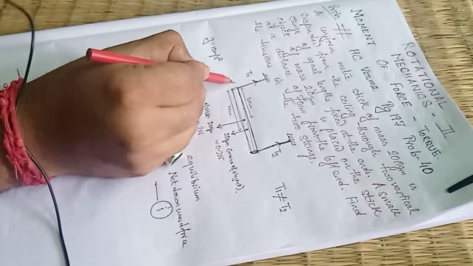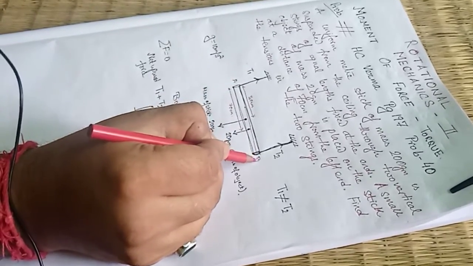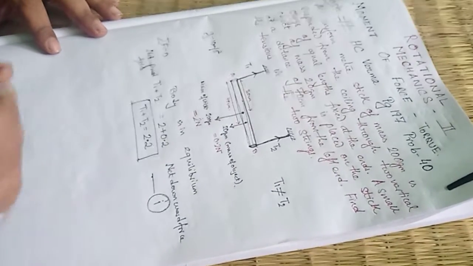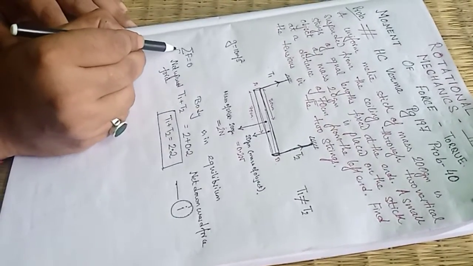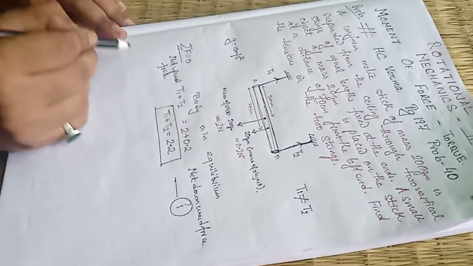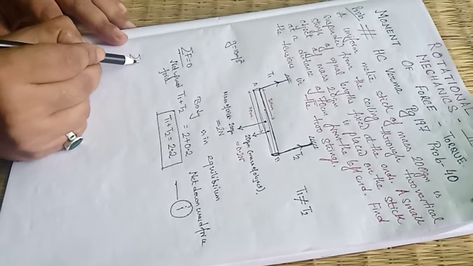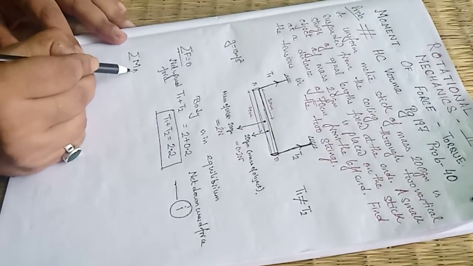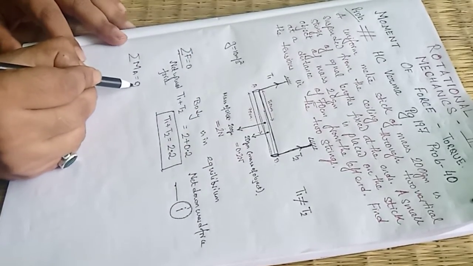We call this end A and this end B. We know that as the body is in equilibrium, not only sigma F equals 0, the sum of the moments of all the forces about a point A is also 0.